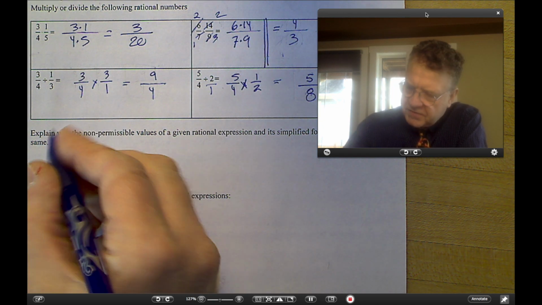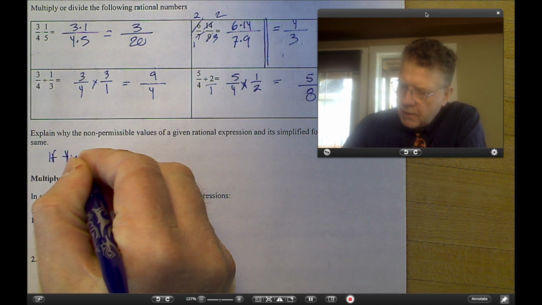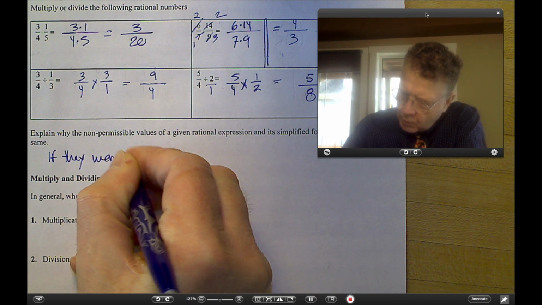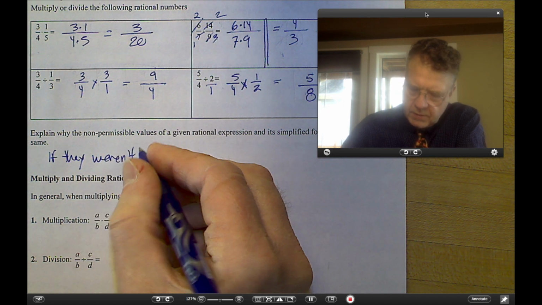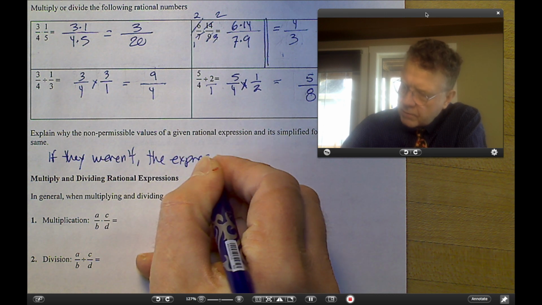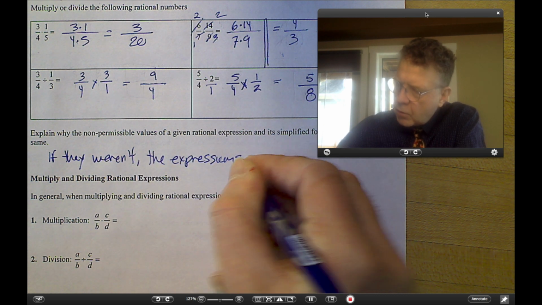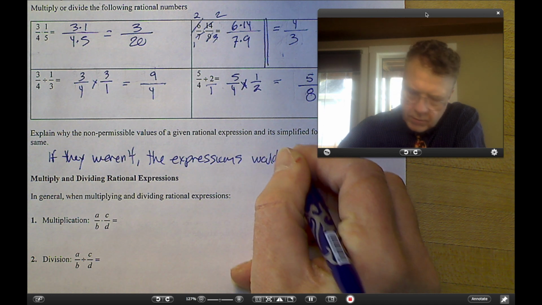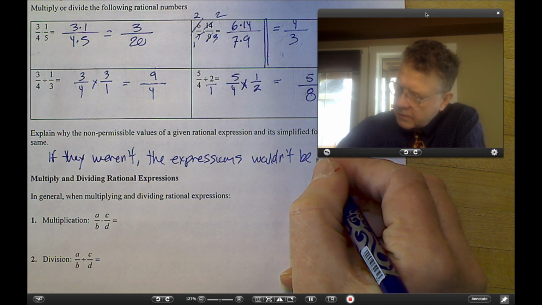If you want to put that in words, we say, well, if they weren't, then the expressions would not be equivalent, would they?